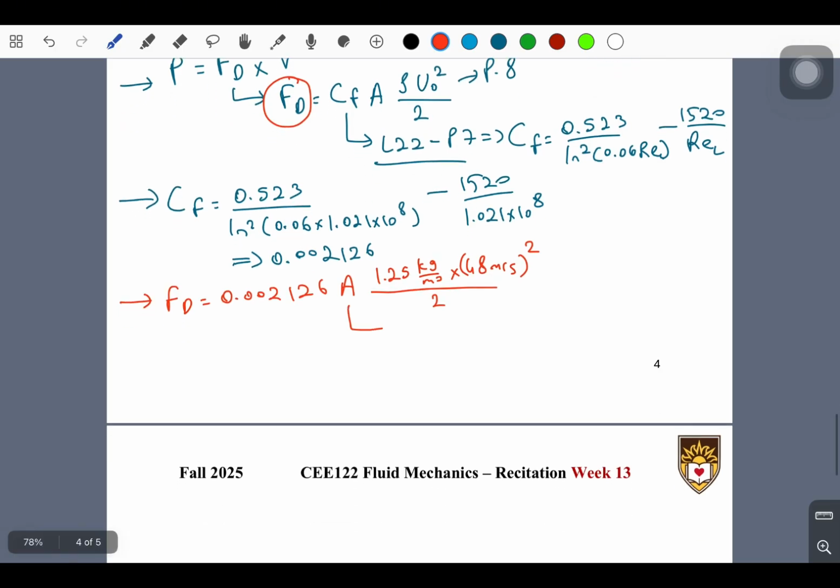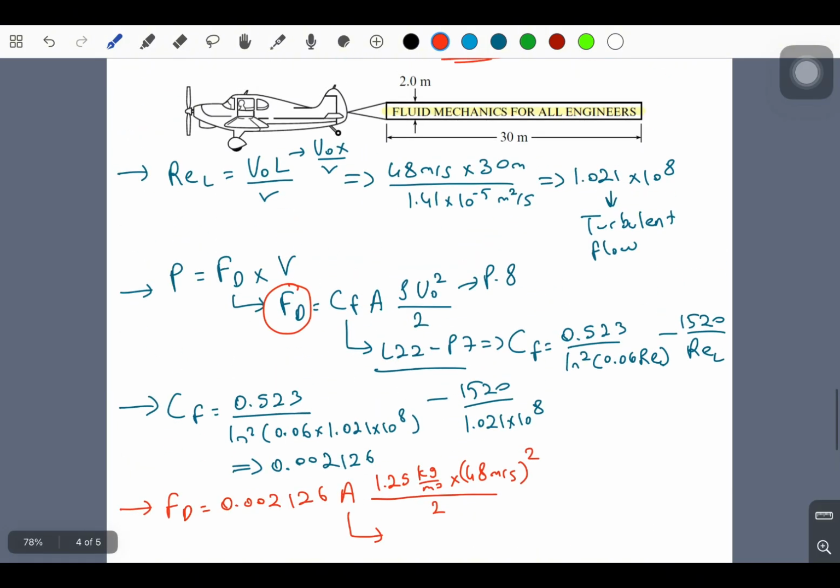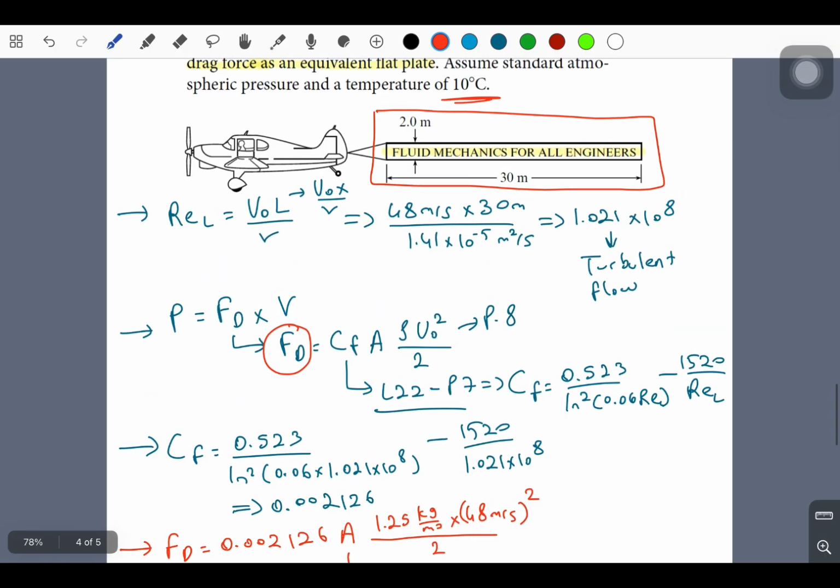So for the area, we can use the area of this sign, and we will treat it like a flat plate. So we have 2 times 30, which is this length and this height.